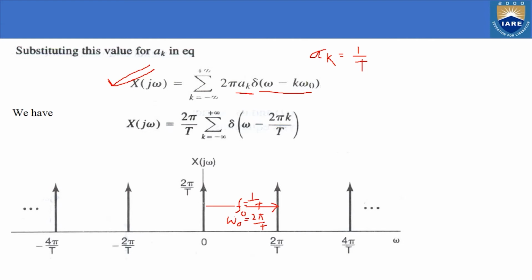So here also the spacing between these harmonics equals 2 pi by T. So this is what we have here.